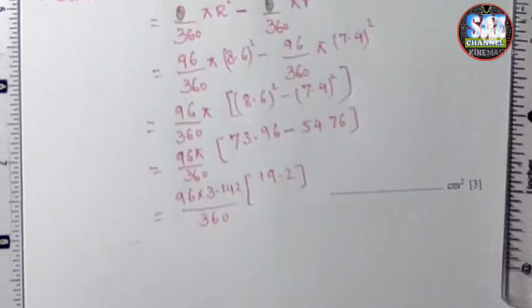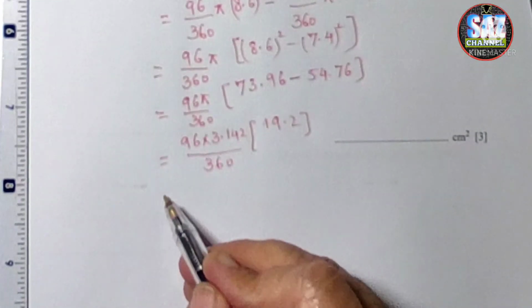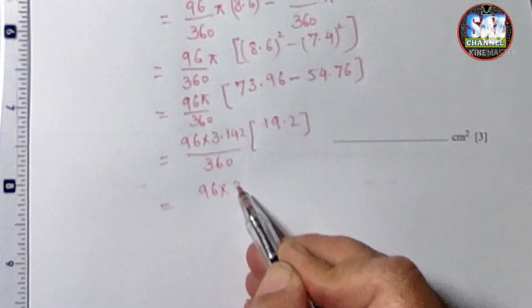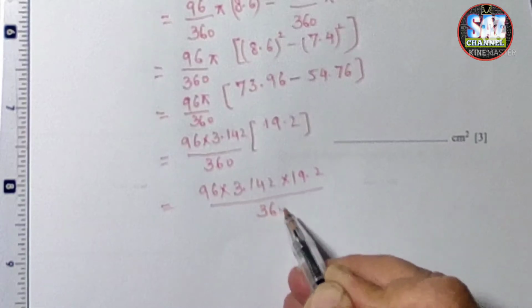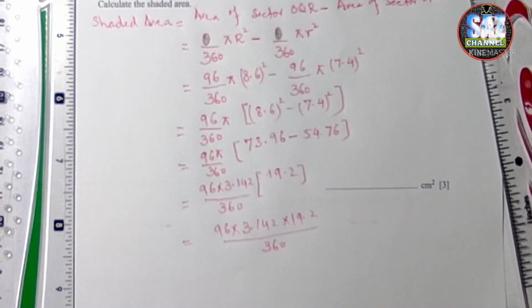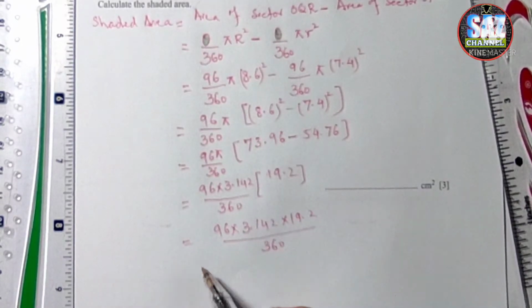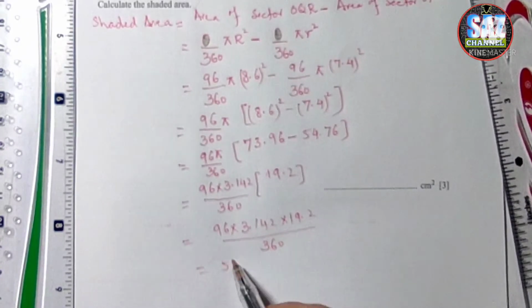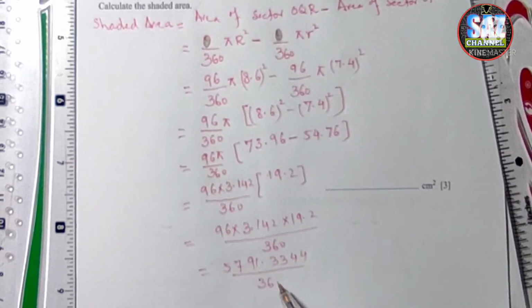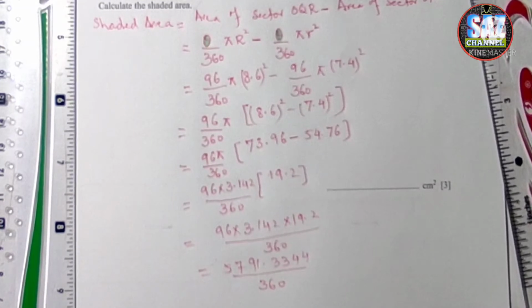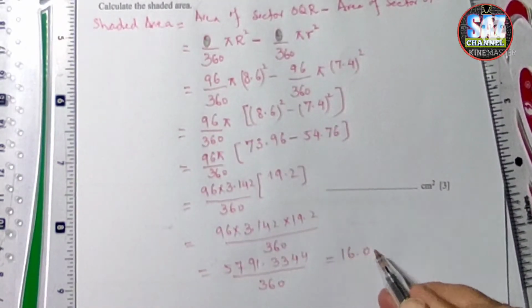Now we have to carefully multiply 96 by 3.142 multiplied by 19.2 and divided by 360. 96 multiplied by 3.142 multiplied by 19.2 gives me 5791.3344, divided by 360, and this gives me 16.08.